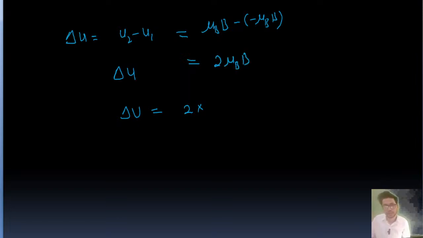And so from here, 2 into mu b into b, where the b value is given as 1.2. So this is going to be 2.4 mu b. Delta U equals 2.4 mu b. So this is the energy.